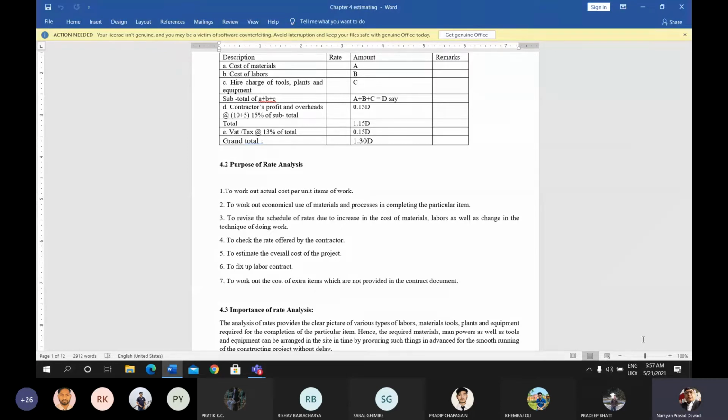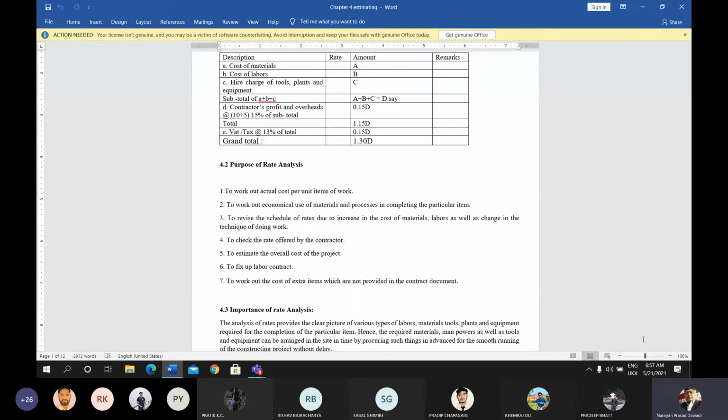Only by framing our own rate analysis can we analyze the rate offered by the contractor. To check whether his offered rate is higher than the actual rate per unit item or not, rate analysis is necessary, and we use this for checking the rate offered by the contractor.